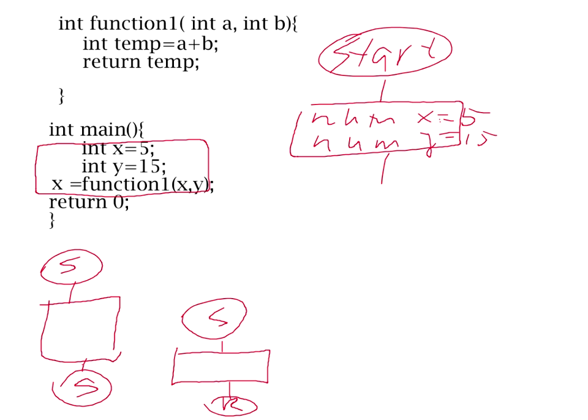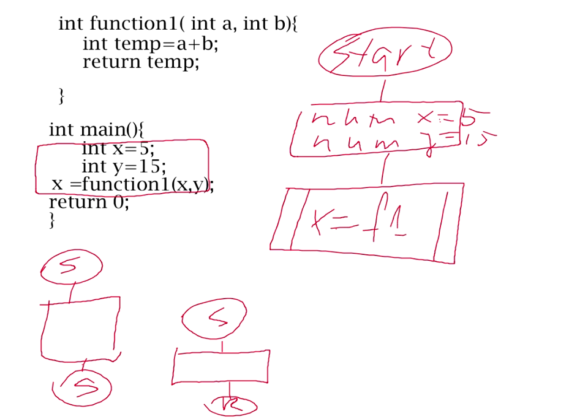Now, when it comes to a function call, you can represent that in different ways, and it doesn't really have a standard way, so to speak. Many times when you see a function call in a flowchart, you see a box with two lines on the side, and you put in x equals function 1, sending x and y to that function.